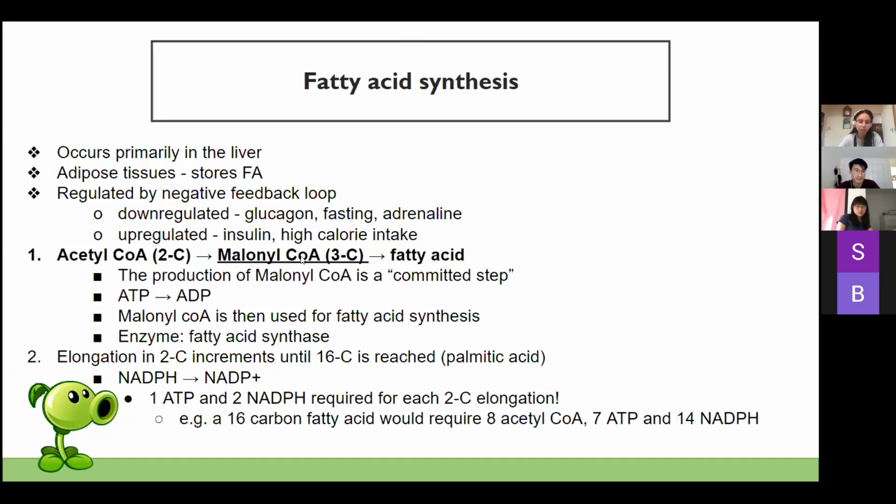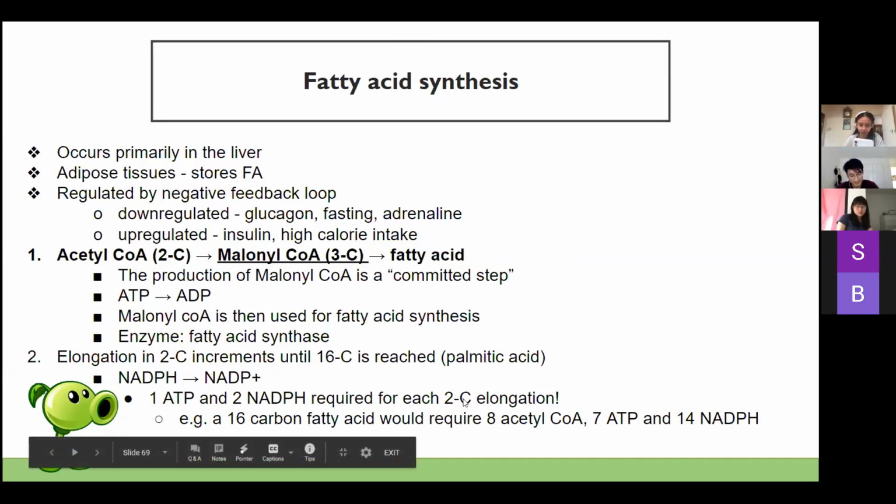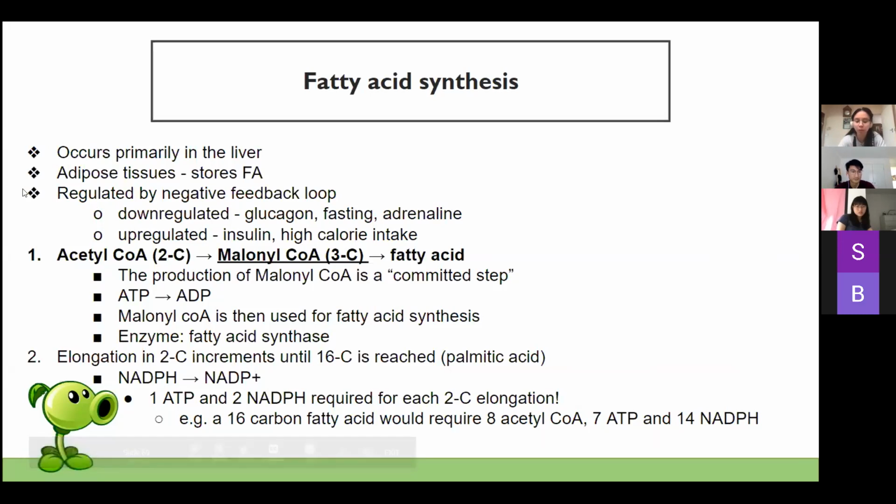Keep that in mind. I think they asked us questions on that last year, so it's good to keep that molecule in mind. The enzyme is really important. The last dot point there is not too important, but the third dot point and this malonyl-CoA dot point are pretty important.